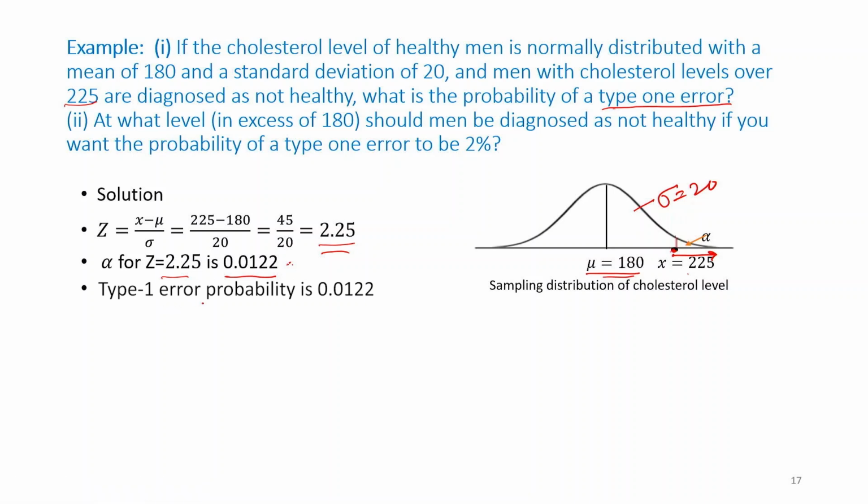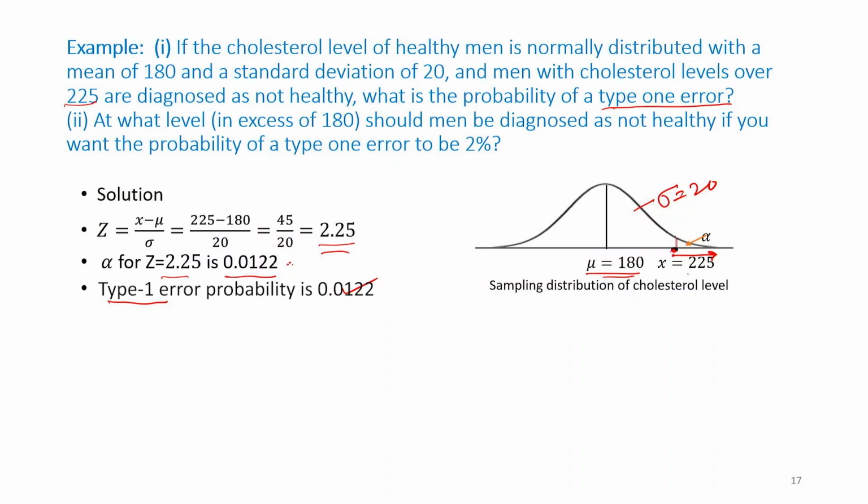Therefore, type 1 error probability is 0.0122. So whatever is the area, that is the type 1 error. That is the probability.